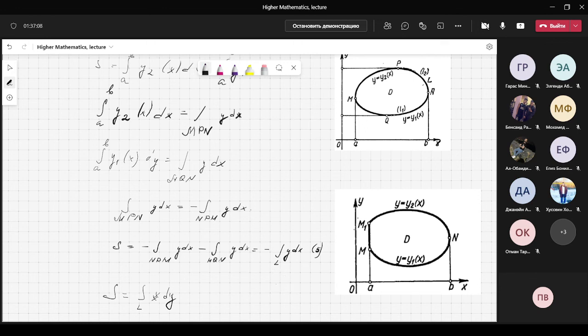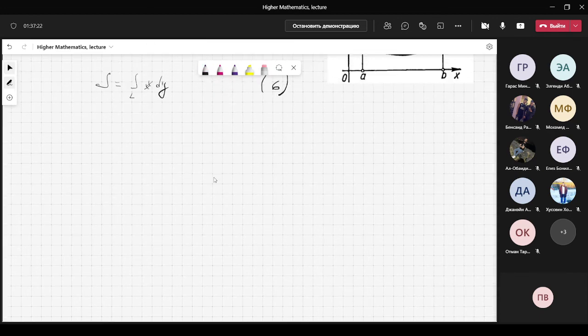Adding 5 and 6 term by term and dividing by 2, we get another formula for computing the area S. S is 1 over 2 the integral over L of x dy minus y dx. Formula 7.